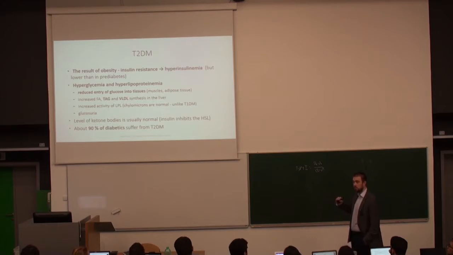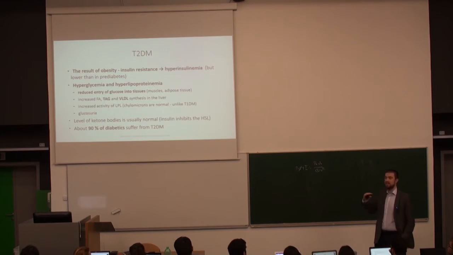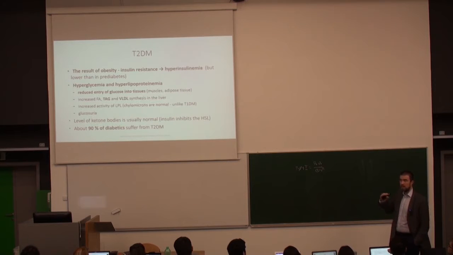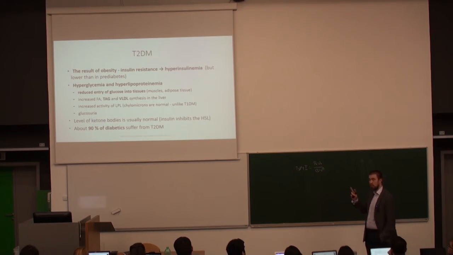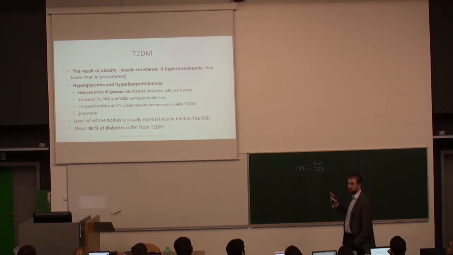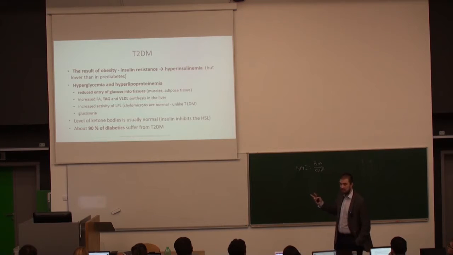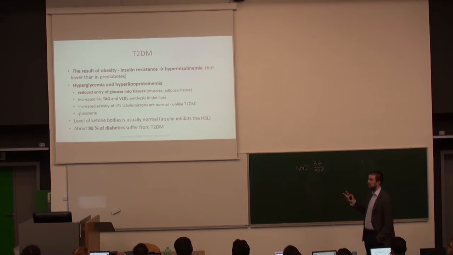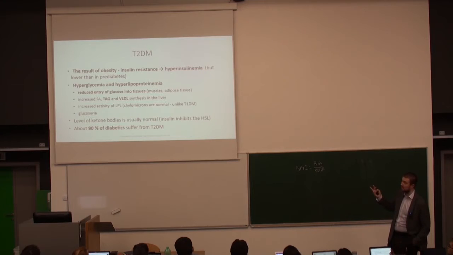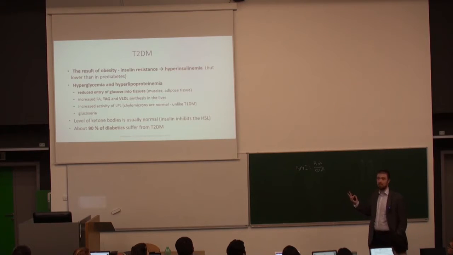They are able to prevent excessive beta oxidation, and therefore two key regulatory steps in ketone bodies production are still inhibited by insulin. And typically, if there is some insulin secretion in these patients, and it is even higher than in normal people, you do not see ketone bodies in them.